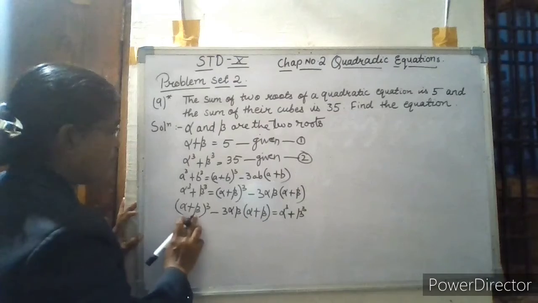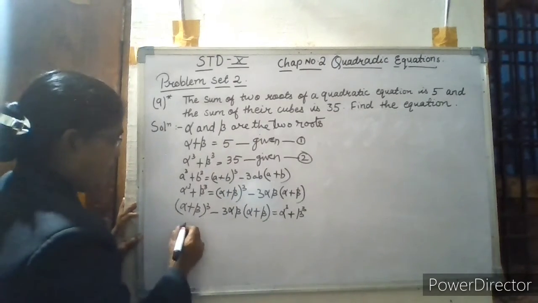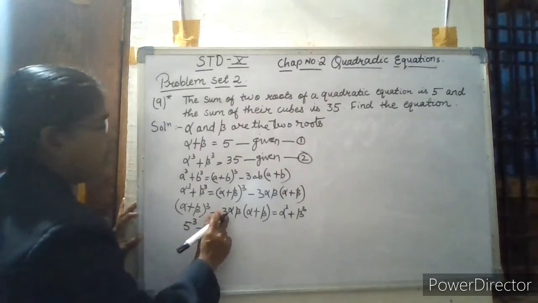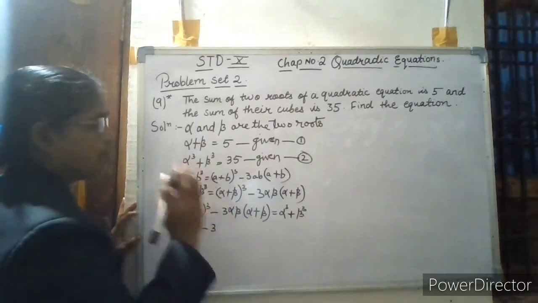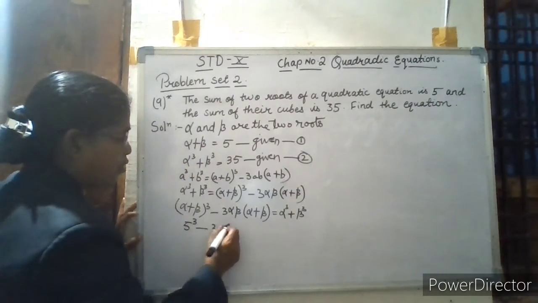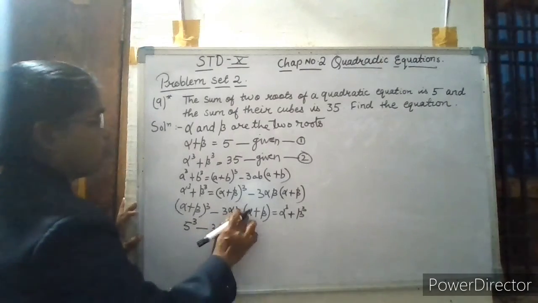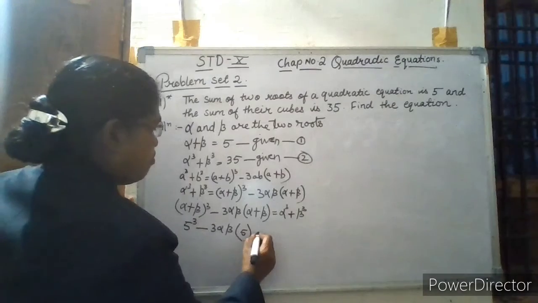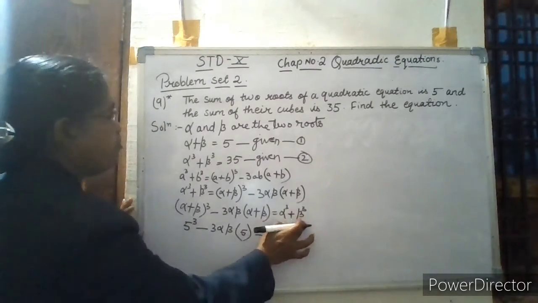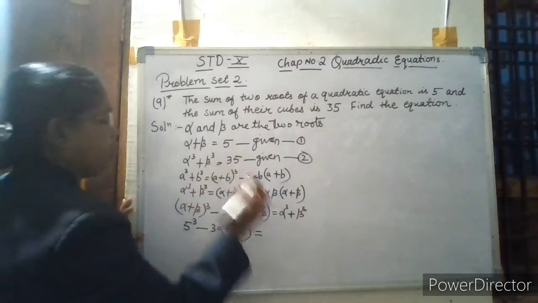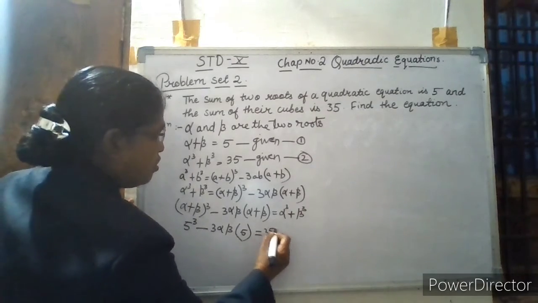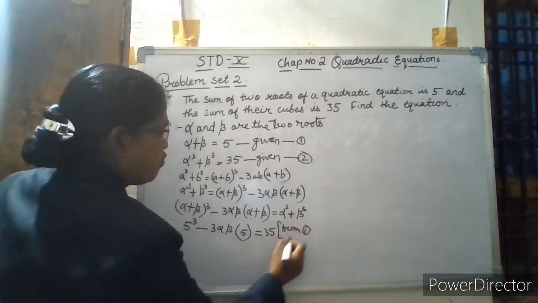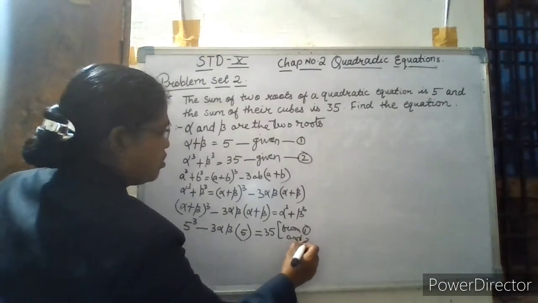Alpha plus beta is 5. 5 cube minus 3 into alpha beta, we do not have this value, into alpha plus beta again 5, is equal to alpha cube plus beta cube, which is 35. This we got from 1 and 2.